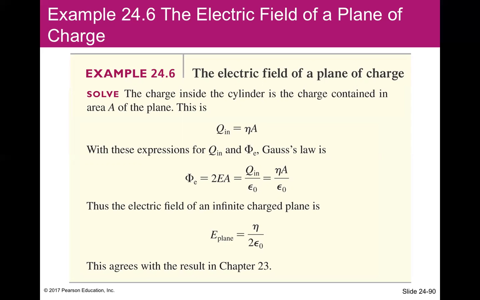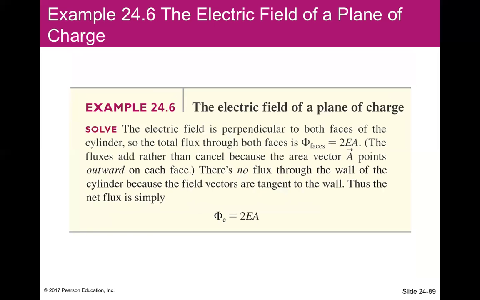So no matter whether it's close to the plane or far from the plane, the electric field is the same. It's also intuitively shown, because if we look at the electric field lines, they're parallel to each other, right? Because it's an infinitely big plane, they can't cross each other. They have to be parallel to each other.